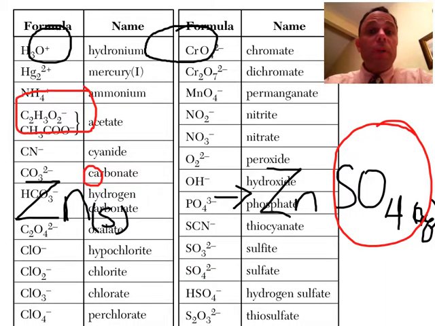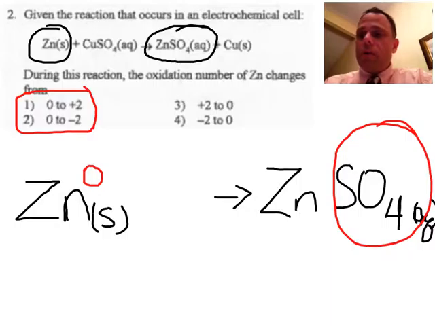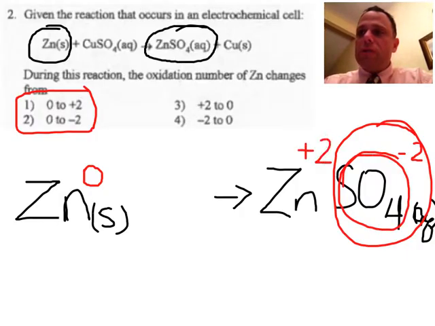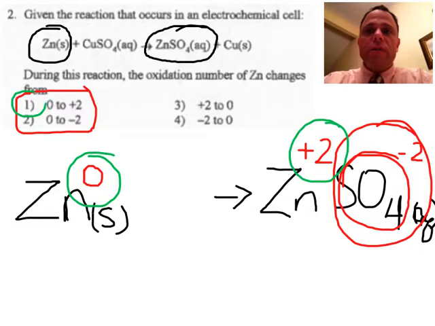So -2, remember that. -2 is related to all of this. So if this is -2, this must be +2. So what is happening? The zinc is going from 0 to +2. Choice 1.